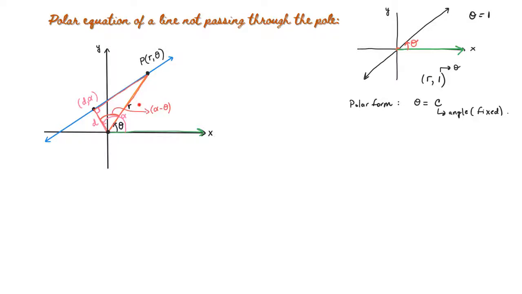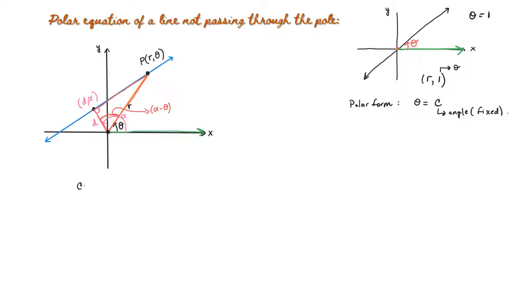This length is d, and the angle between r and d is alpha minus theta. Because r is the hypotenuse of that right triangle, and d over here is the adjacent side, and I am thinking of the origin as the angle in question, where everything is going to be measured from, then I'm thinking of cosine.